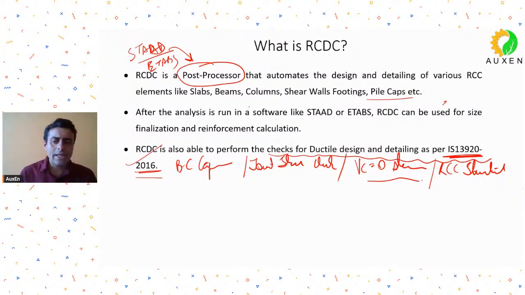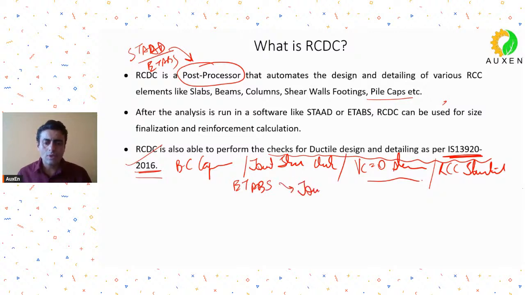As of now, if you use STAAD.Pro, it is not able to do the joint shear check and it is not able to do the beam column ratio, isn't it? That issue has been resolved if you use the RCDC software. Also, if you are using ETABS, I don't know if you are aware that ETABS calculates the joint shear ratio incorrectly.